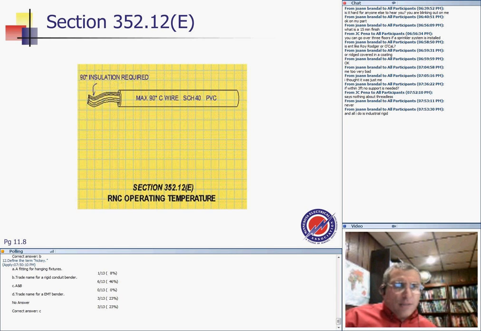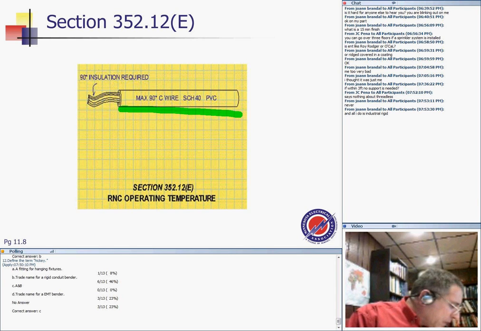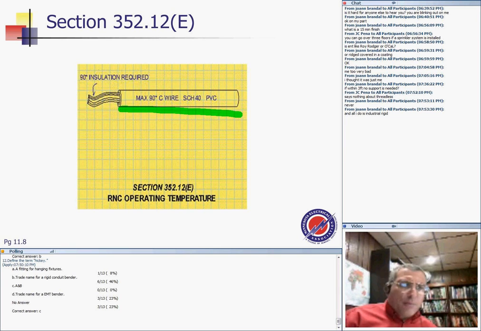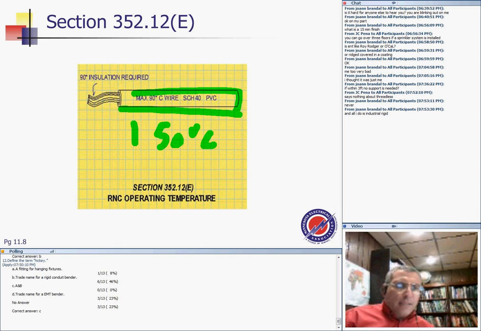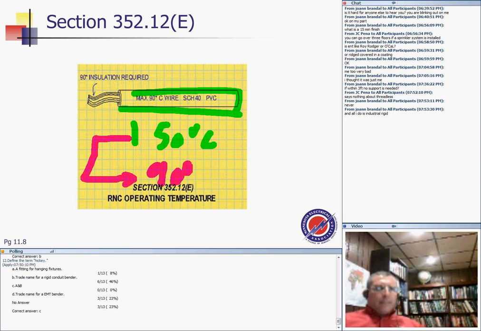Conductors rated at a temperature higher than this shall be permitted for PVC. It actually used to be an exception, and they added it. So long story short, you can now use 150 degree rated conductor in PVC conduit rated for 90, as long as the amps coming out of this cable are taken at 90 degrees, so it's operating at no more than 90 degrees.